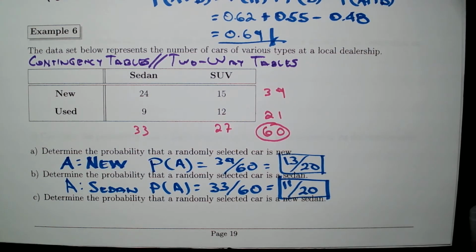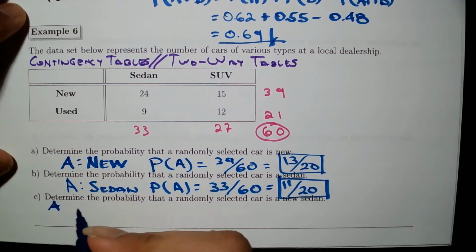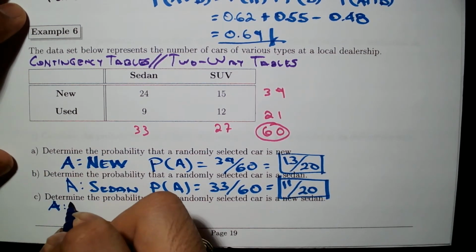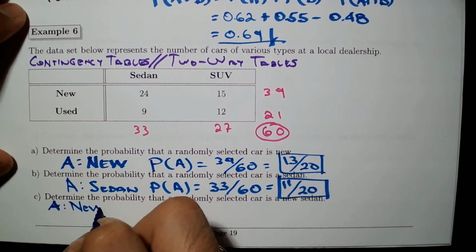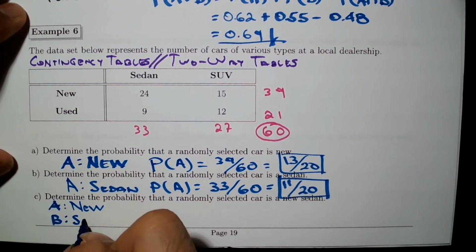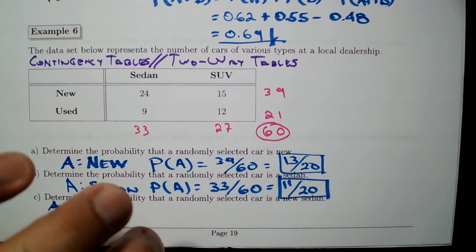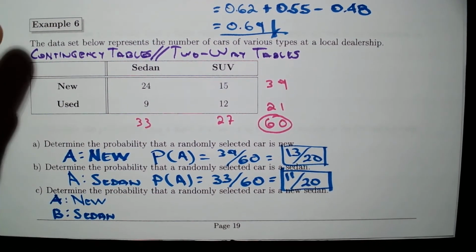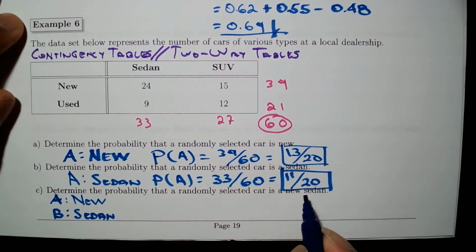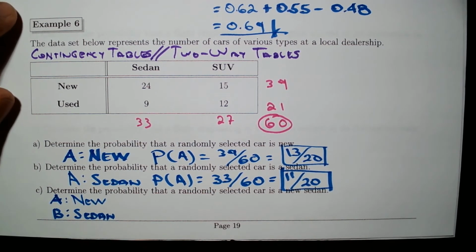Event A, which is new, and event B, which is sedan. We are going to use a rule that we haven't used before, which is the AND rule, because when we say new sedan, we are combining both characteristics at the same time. Both events are occurring at the same time. What do we mean by that?